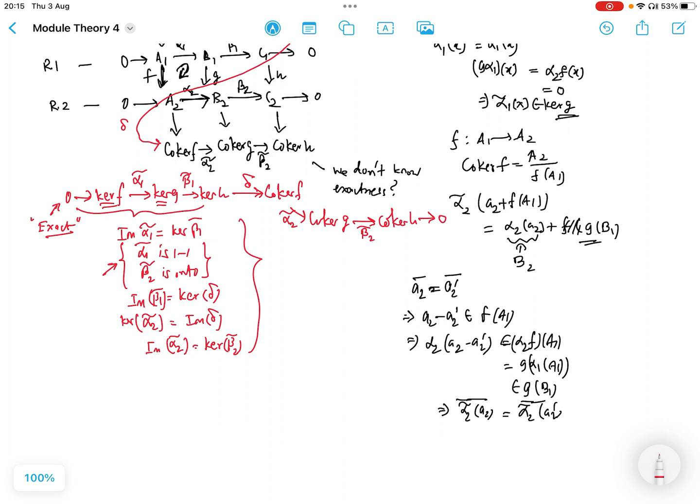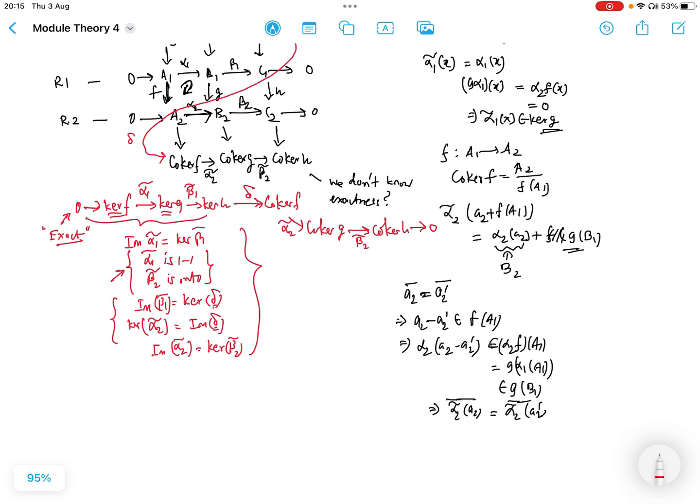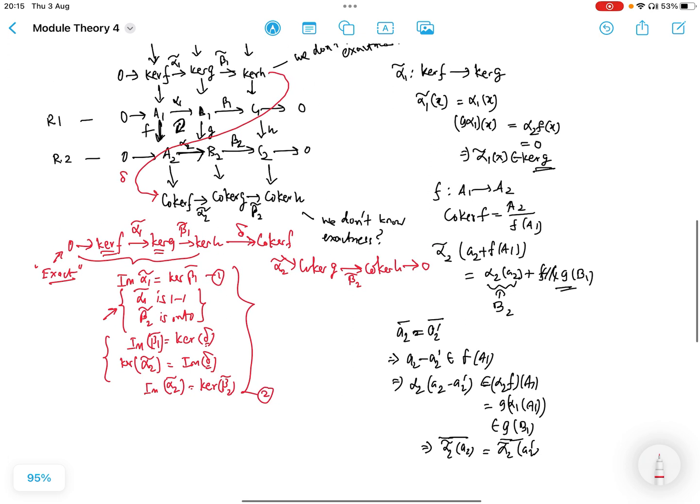But even before proving, we need to define such a map delta for which these two properties are true. So firstly, we don't need to define delta to prove this one and this one, right? Because these are already there. We have already shown that such alpha 1 and beta 1 induce such alpha i tilde and beta i tilde, right?